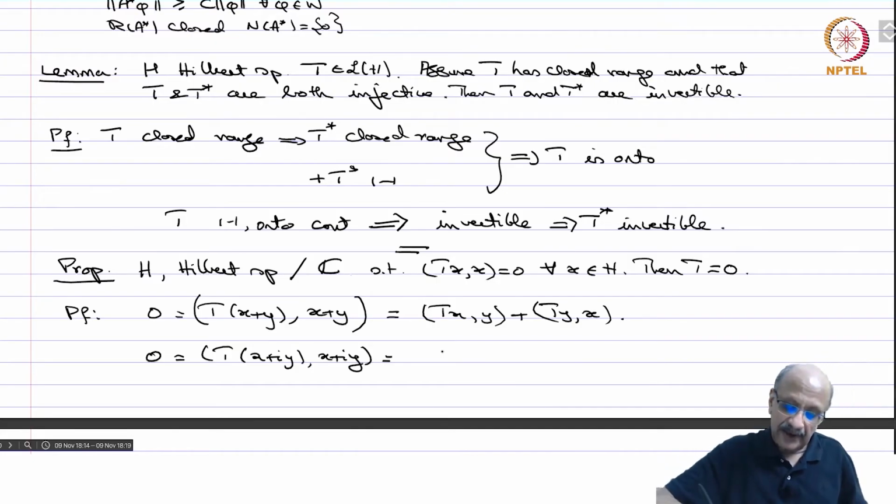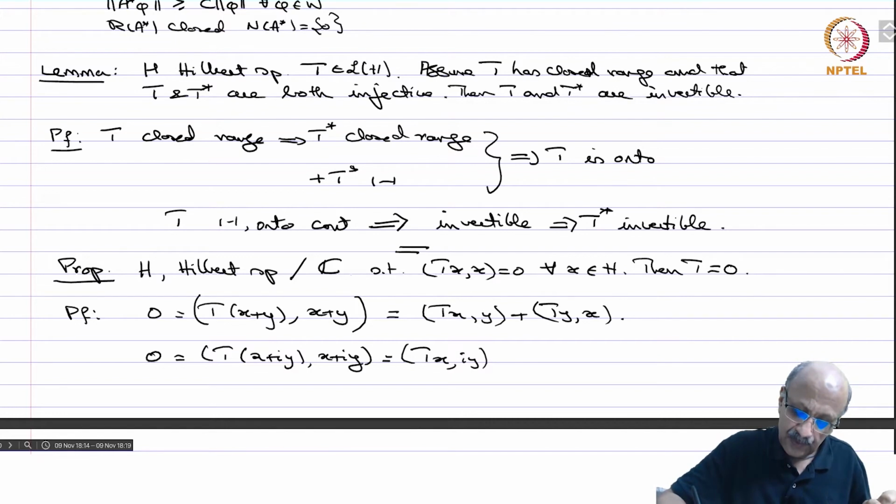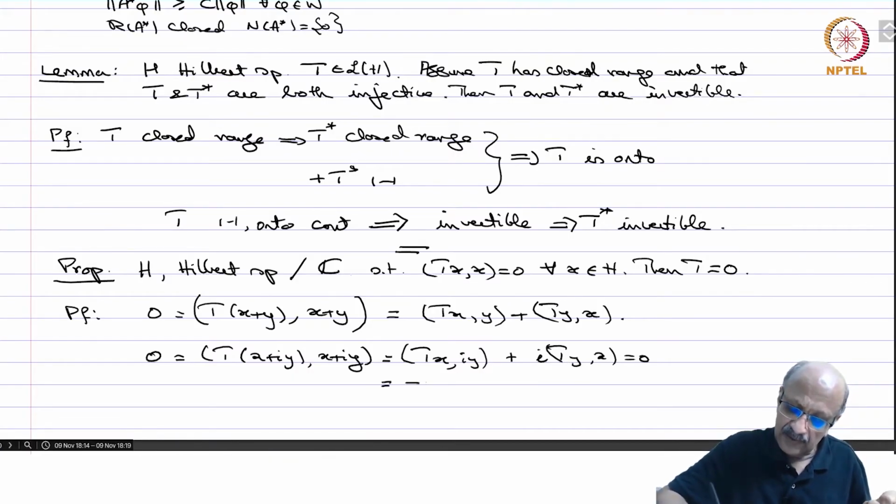Okay, now 0 is also equal to <T(x+iy), x+iy>. So again <Tx, x> is 0, i squared is minus 1, therefore i will come out, then you get <Ty, y> that's equal to 0. So you get <Tx, iy> plus <Ty, ix> equal to 0. Now this is equal to minus i, because i should come out as a conjugate.